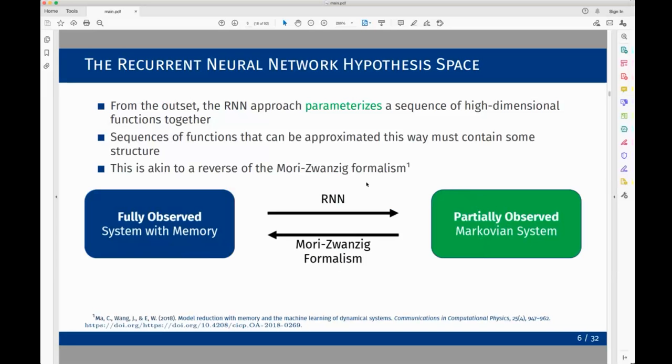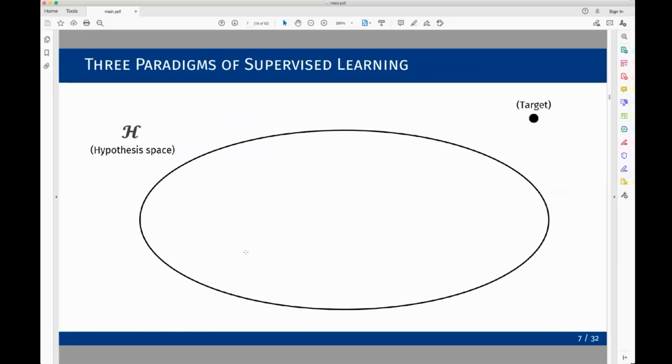And the RNN essentially wants to do something in reverse. We observe certain systems with memory, and we want to construct a partially observed system with hidden variables h_k. With augmentation of h_k, the system becomes Markovian, and we want to use this partially observed Markovian system to explain the original fully observed system. Okay, so this is a brief introduction of recurrent neural networks.